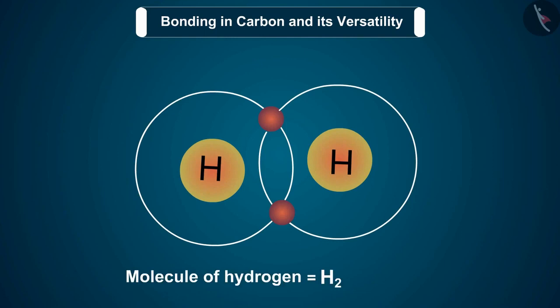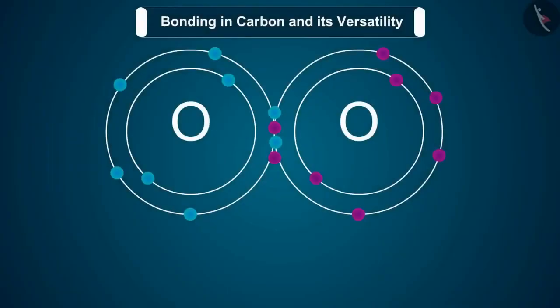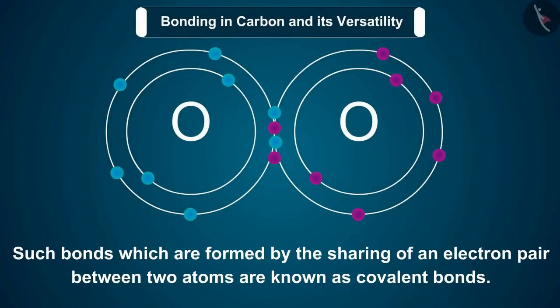This allows each hydrogen atom to attain the electronic configuration of the nearest noble gas, helium, which has 2 electrons in its K shell.